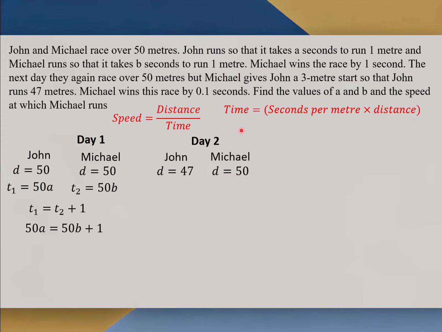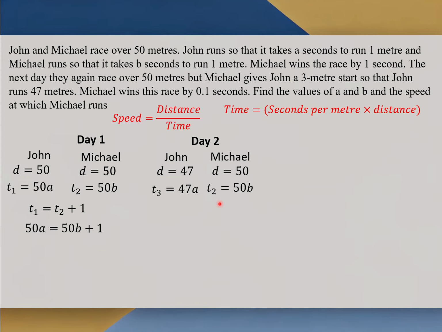We're going to use the same time formula to work out the time it's taken. John's speed hasn't changed, it will be A. So T3 is equal to 47A. I kept Michael as T2 because he's doing exactly the same as the previous day.